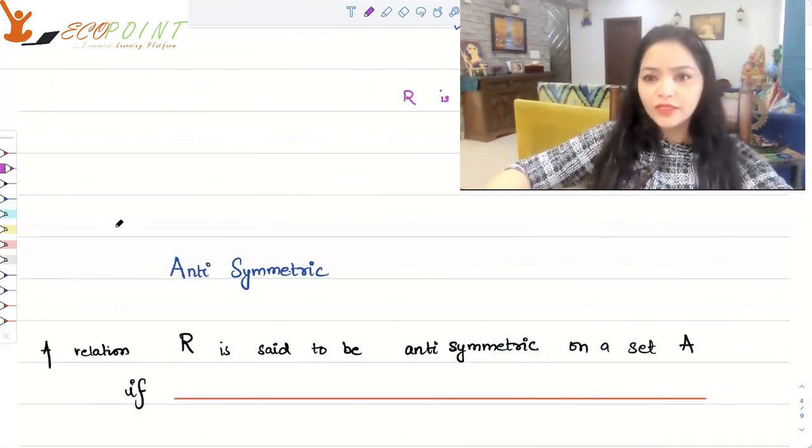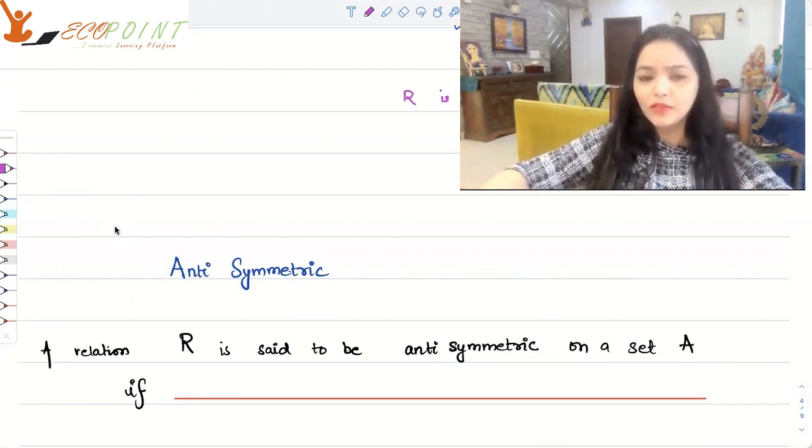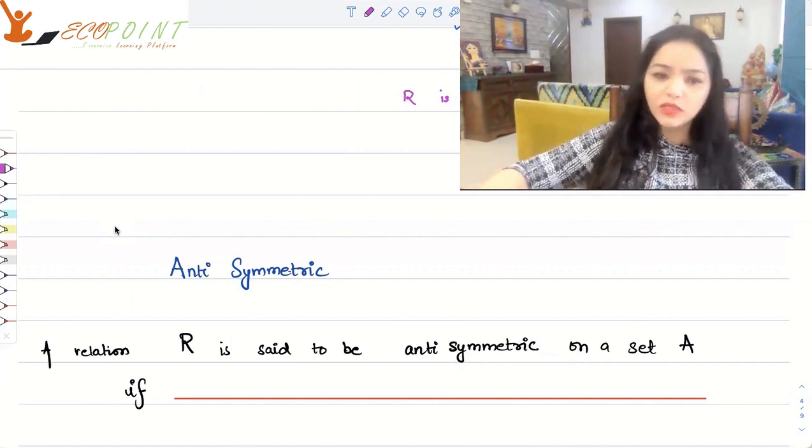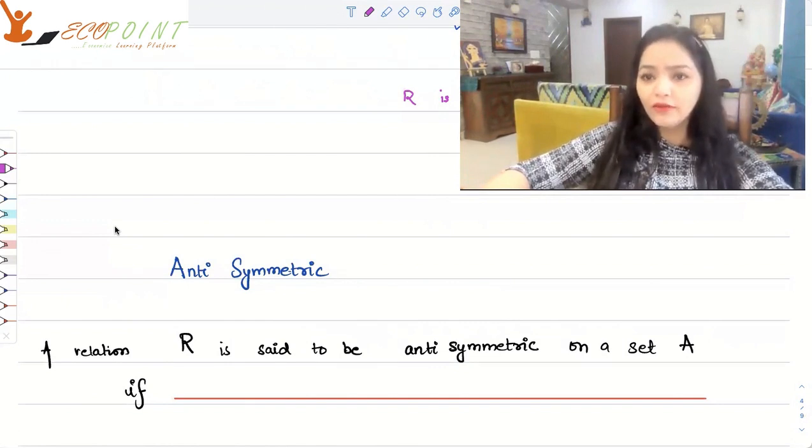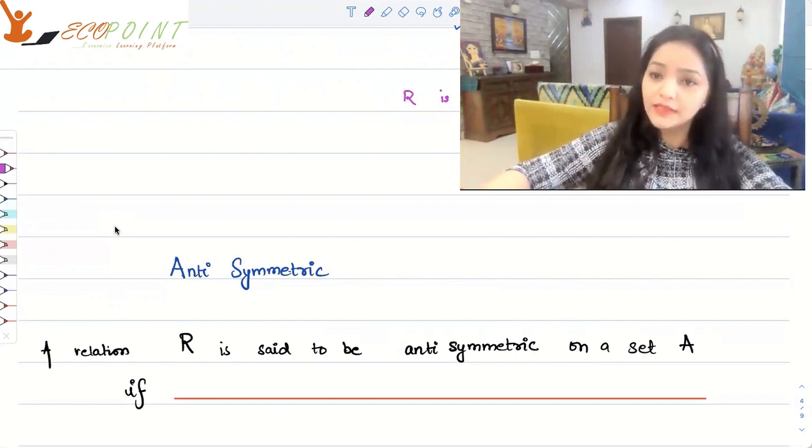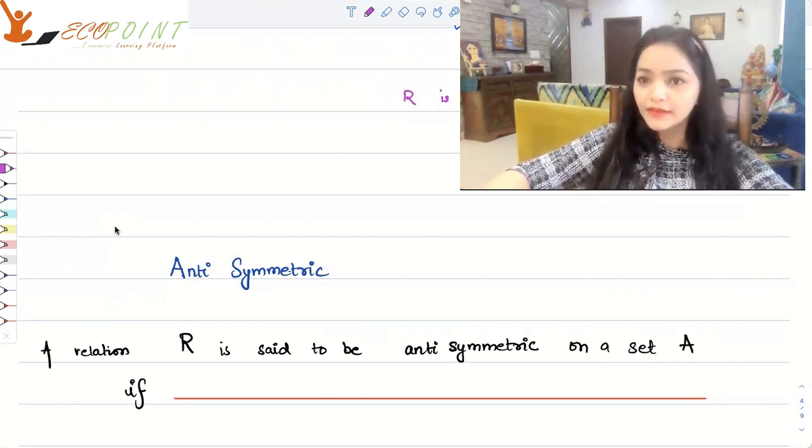We have understood what is symmetric. So what is this term antisymmetric all about? Antisymmetric would mean that in case the relation R consists of xRy, it should not consist of yRx. And if by any chance it does consist of yRx, that is, it does consist of (y,x), then x and y should be equal.